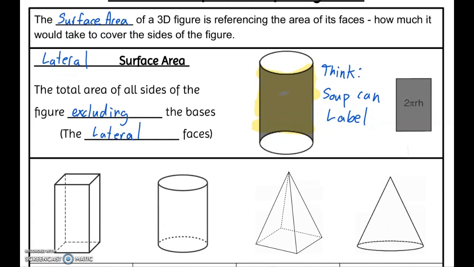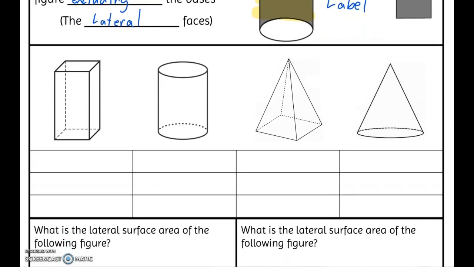Okay, so now we're going to go on to our main shapes here. First we have a prism. This specific prism is a rectangular prism. A rectangular prism has 4 lateral faces.